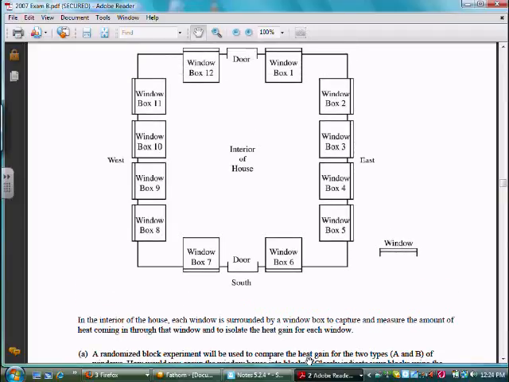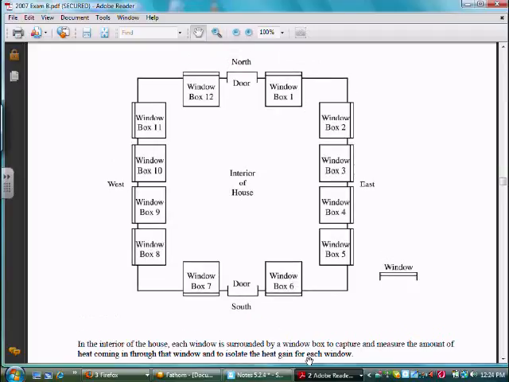So the east side of the house is... So we're going to say that the east and west get the same kind of sun, and the north and south don't. So we want to block east, west, north, south.